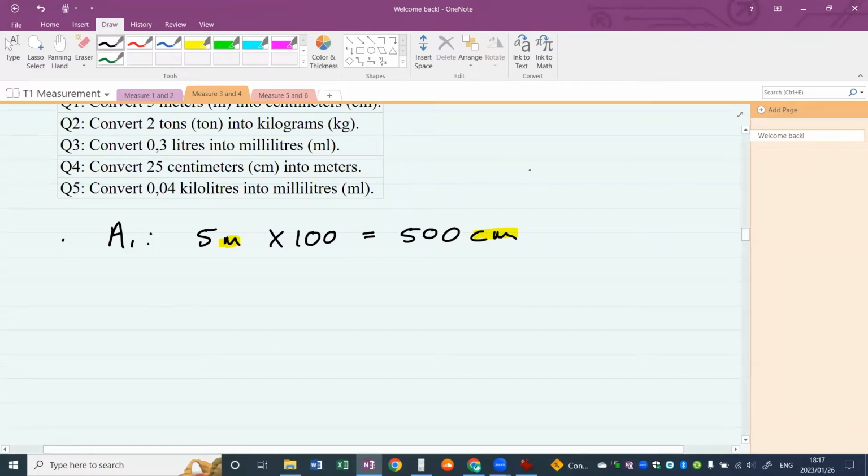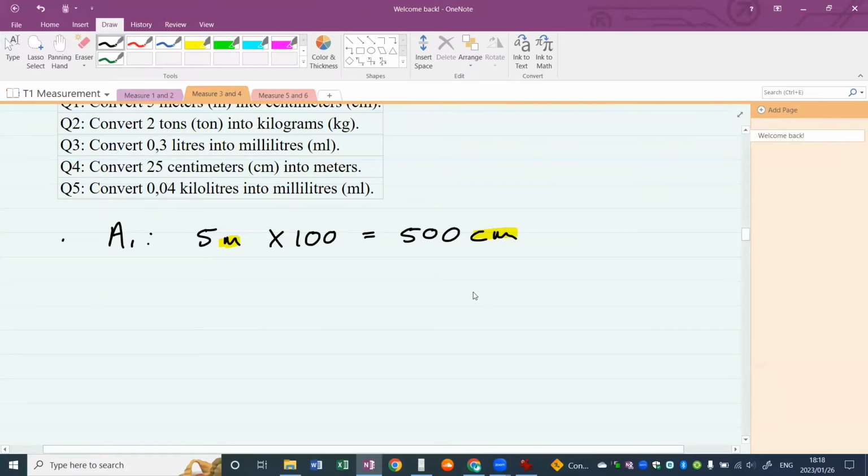And it needs to sound right as well. So if you know how many centimeters are in a meter, there's 100 centimeters in every meter. And if I've got 5 meters, there should be a lot of centimeters there. So 500 sounds right. If you're getting 0.5 centimeters, then something's wrong. Okay. So you should look at your answer, and it should look right. So 500 centimeters in 5 meters, that looks good.